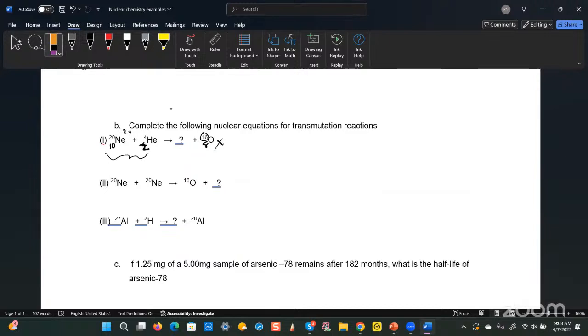So what would be the atomic number for the element represented by the question mark? 4? Yeah. Okay, and the mass number would be 8, right? I mean, the mass number, not the atomic number. So what element has the atomic number 4?